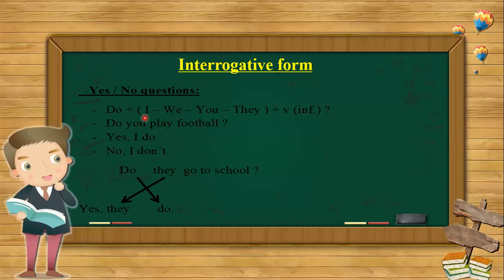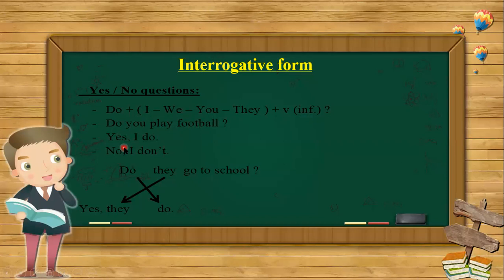Do, of course. Who are the friends of do? I, we, you, they. And of course, like I told you, plus the infinitive. When I get do or does, I get the infinitive. How do I say it? Do you play football?